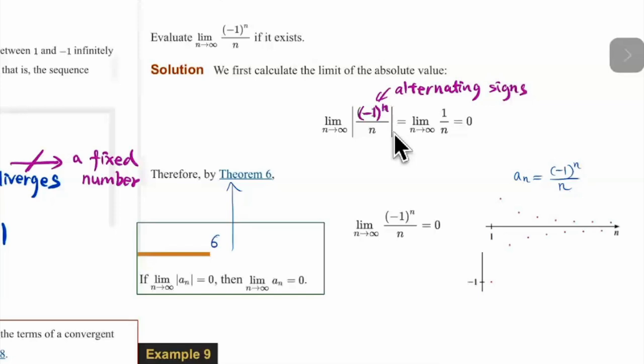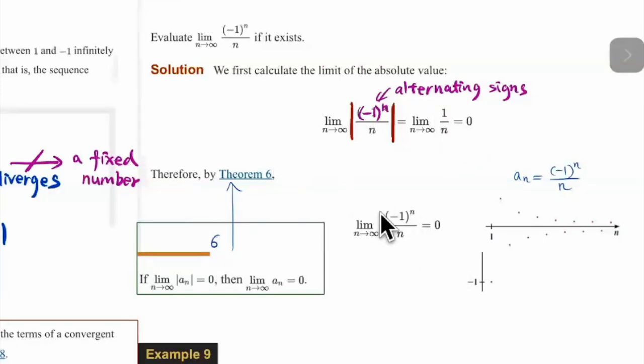However, when we take the limit of this, we can put the absolute value on that sequence, because that way I can ignore the alternating sign. It all becomes positive, so I will have 1 over n. The limit of 1 over n is 0.